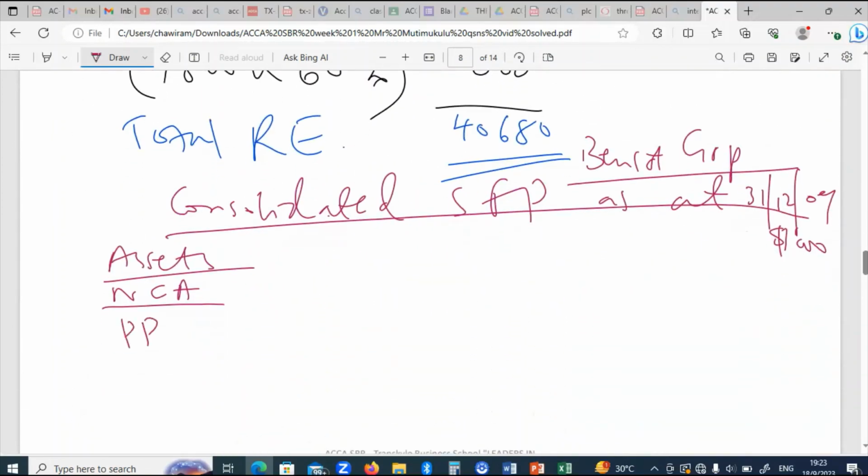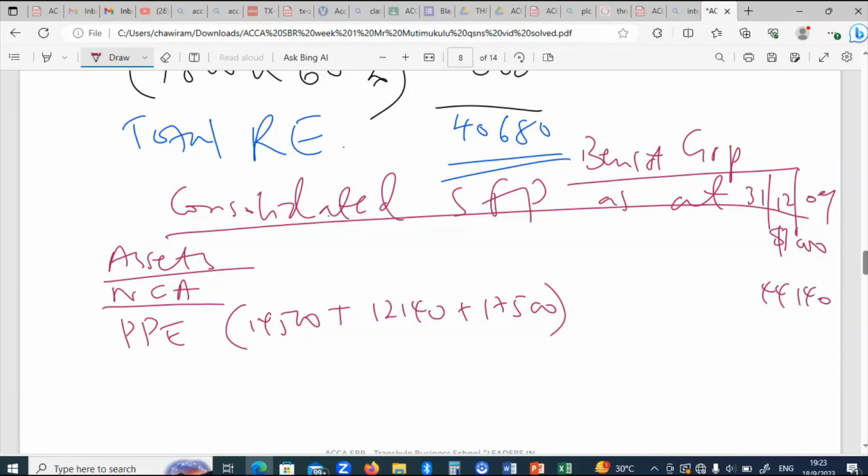So PPE. Okay, we take the parent figure, which was 14,500 plus 12,140 plus 17,500 for petrol, and we get a total of 44,140.